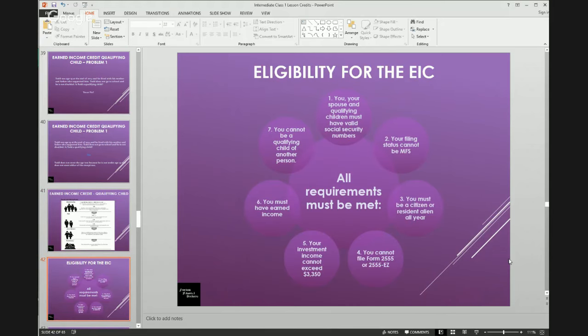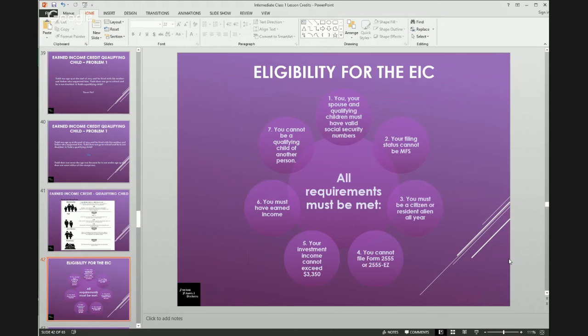So all requirements must be met. You and your spouse and the qualifying child must all have valid Social Security numbers. ITINs are not permissible for the earned income credit. They were for the child tax credit. They are not for the earned income credit. Your filing status cannot be married filing separately.